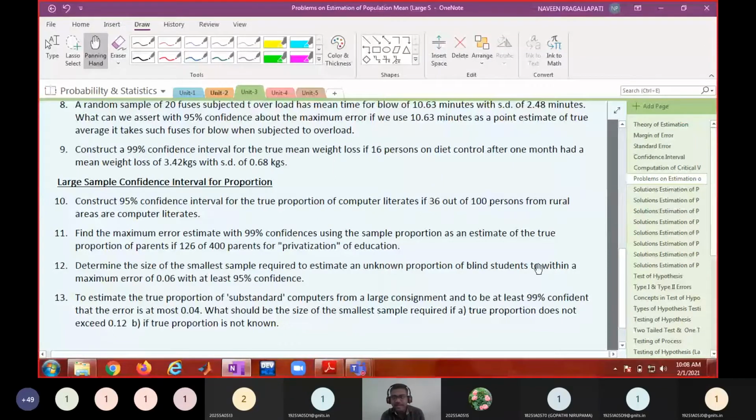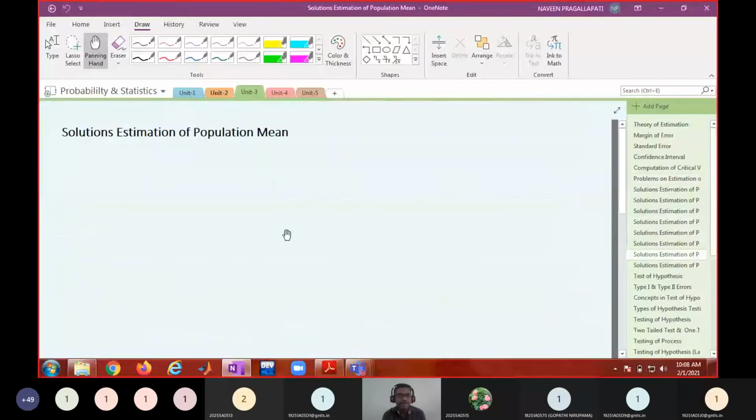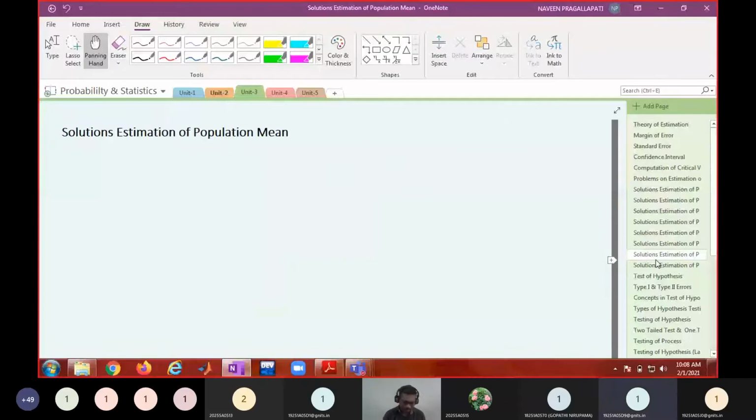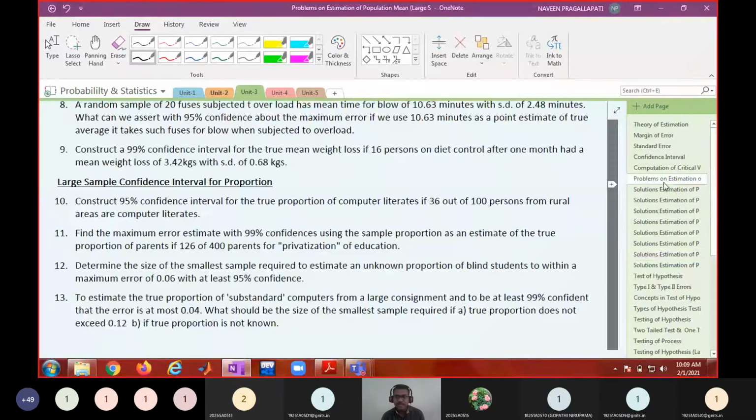You are asked to find the maximum error estimate. What is the maximum error estimate formula? Z alpha by 2 into sigma. Problem number 11. What is given? X equal to 126, n equal to 400.